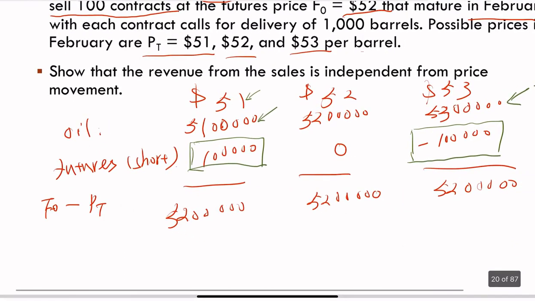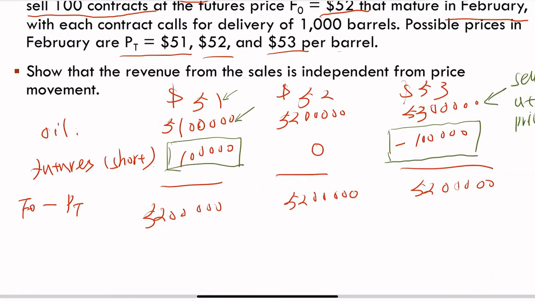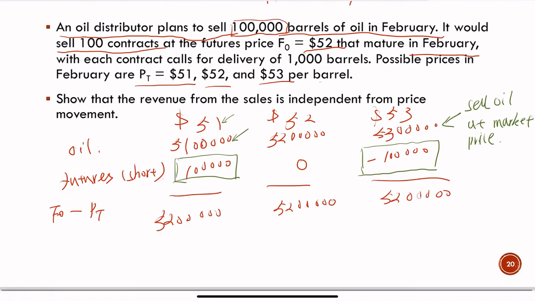You can see that if the price is 51, then you can see the futures position, right? It will gain $100,000, and on this commodity position, compared with $52 price, it will lose $100,000.